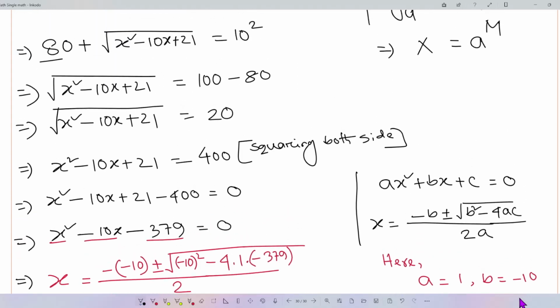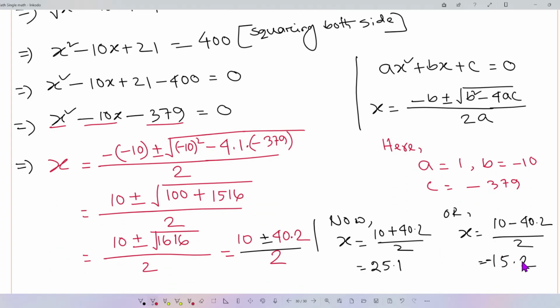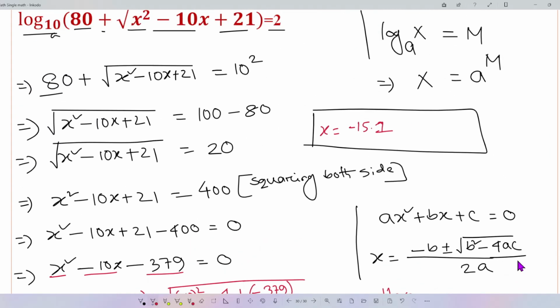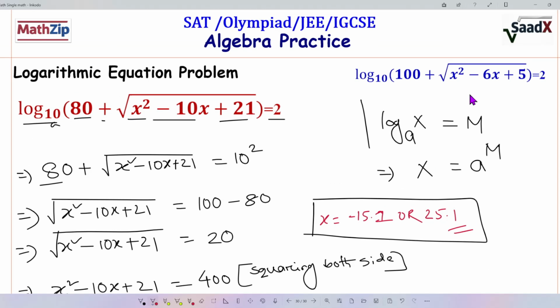So we can say our answer is x equals minus 15.1 or 25.1. Very simple.